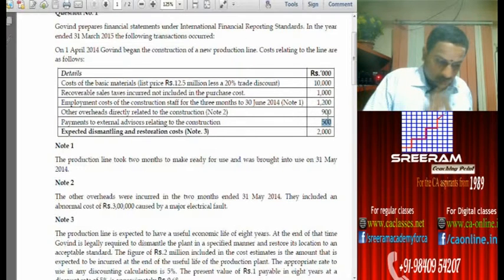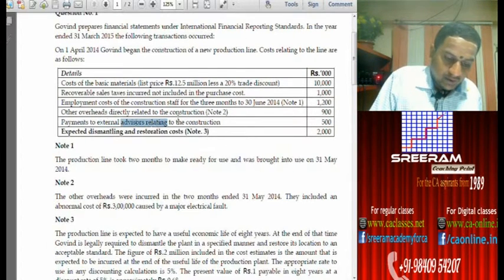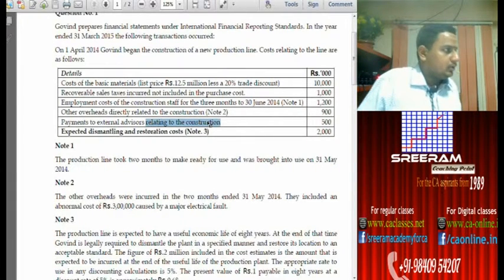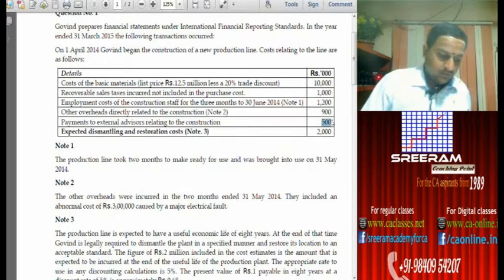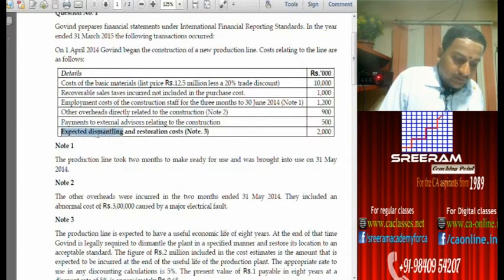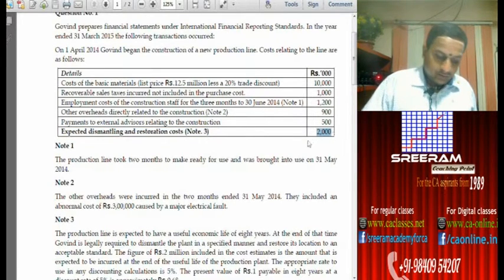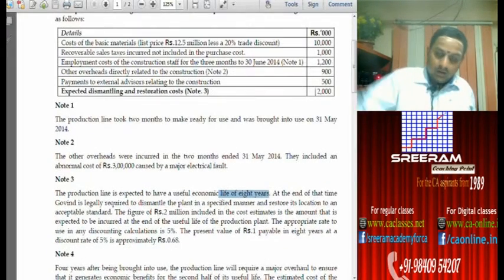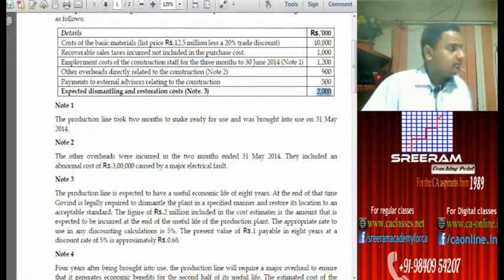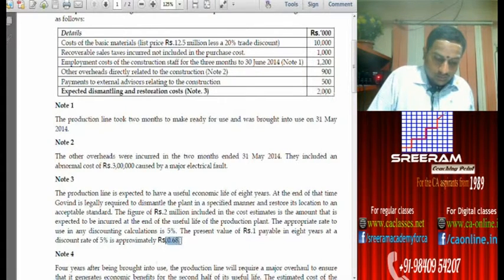Then payments to external advisors relating to construction. Since they are attributable to construction, we need to capitalize that cost. Then the expected dismantling cost is something new. This is what they are going to incur after the asset's life. But the 2000 we cannot add just like that; we have the discounting factor.